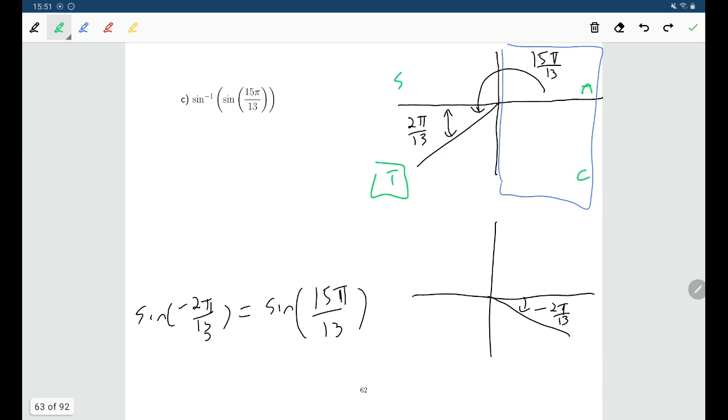So since sine of 15 pi over 13 gives you the same value that sine of negative 2 pi over 13 would, that means that sine inverse should give me negative 2 pi over 13 as my output. And that's because sine inverse only gives outputs from negative pi over 2 to pi over 2. That's why it's not going to give me 15 pi over 13 as an output. Again, 15 pi over 13 is not in the range of sine inverse because it's not in that restricted domain for sine.